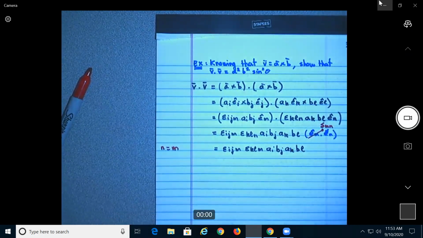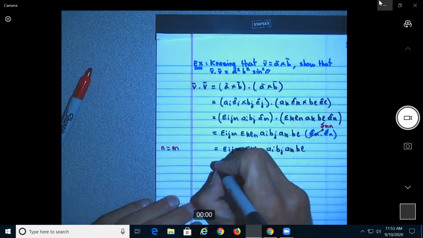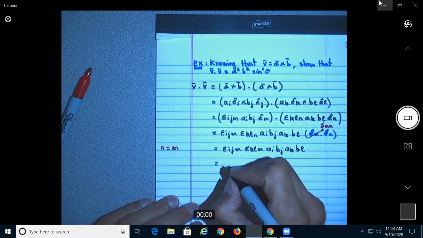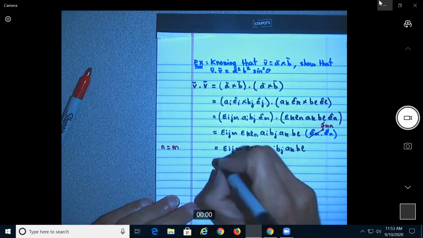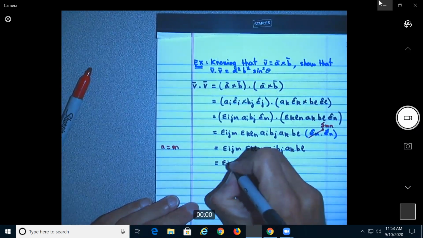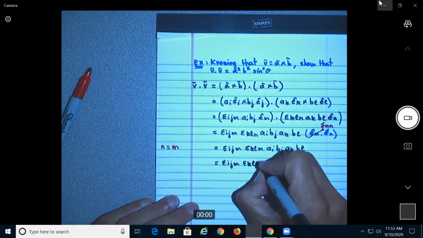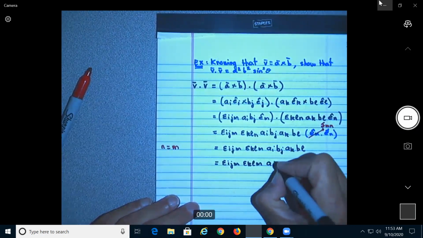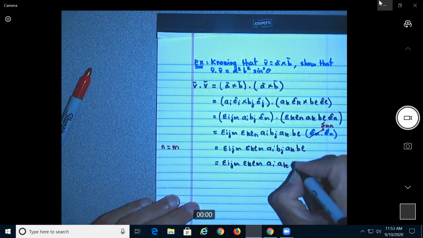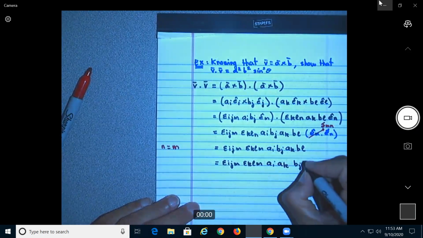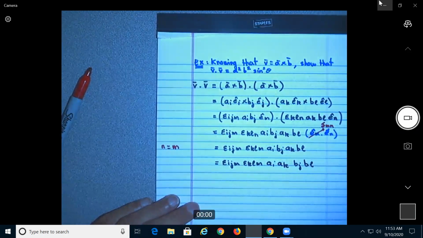Okay, or let me just rewrite it as epsilon ijm epsilon klm, A sub I, A sub k, B sub j, B sub l.